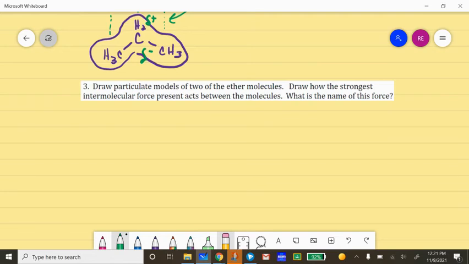So for the ether, we've got an oxygen here with its lone pair and a CH3 and a CH3. And so we know we've got a partial negative end, a partial positive end there. So if I was going to draw another ether, I'm going to go ahead and draw it this way.